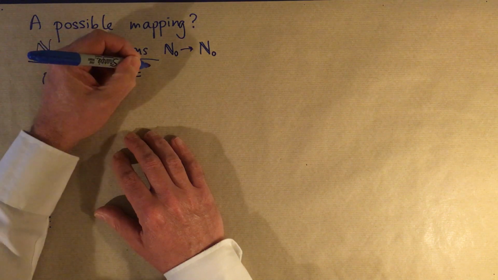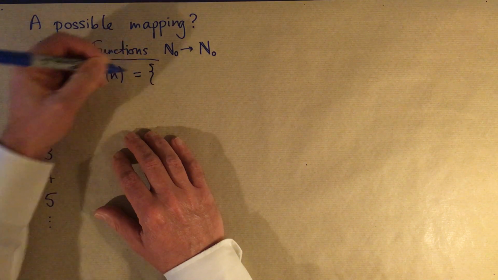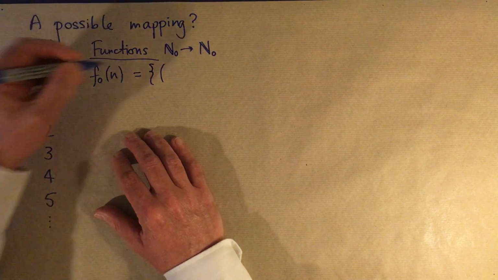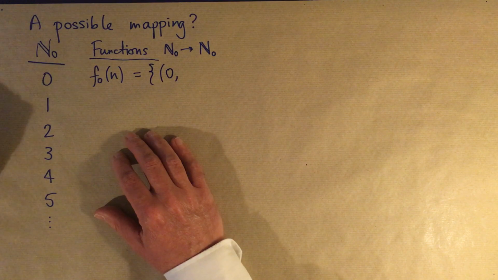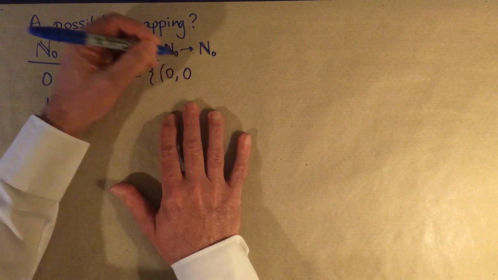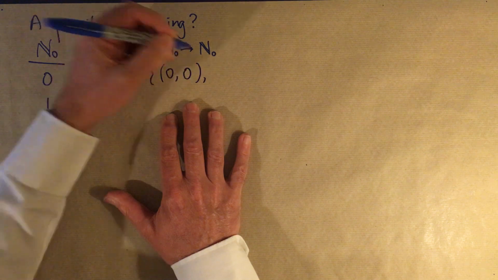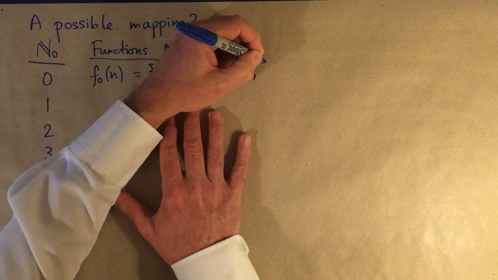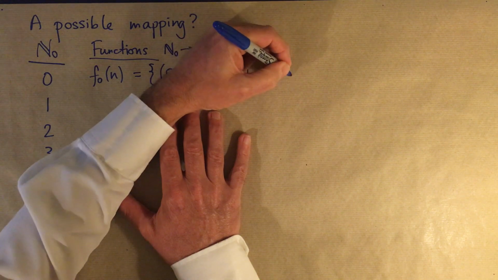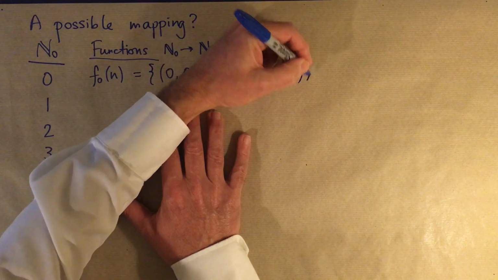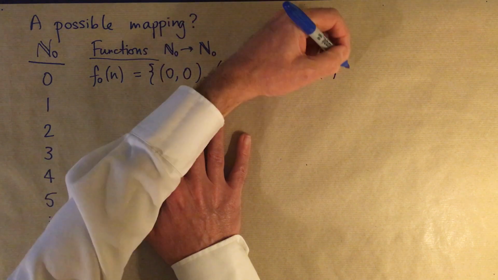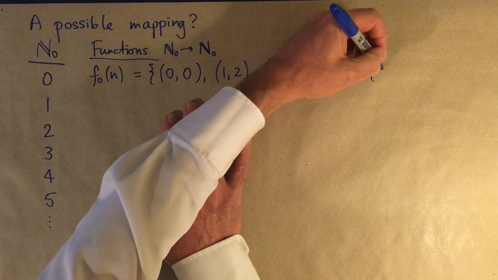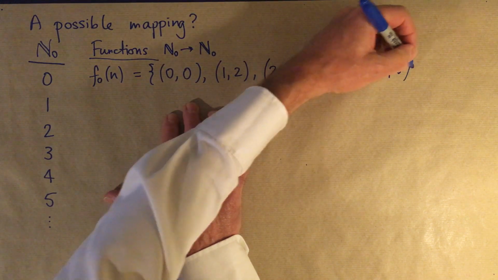f0 of n is going to be, well, let's remember, functions are specified as a set of pairs. So the first pair is going to be what 0 maps onto. So we know for this one, 0 maps onto 0. 1 will map onto 2. 2 will map onto 4. 3 will map onto 6. 4 will map onto 8.